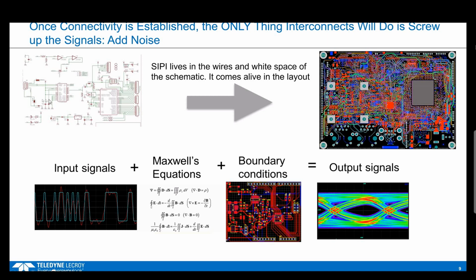The signals that are generated by the devices, those are the voltages and currents in a simplified view, or magnetic fields and electric fields, or electromagnetic fields, when they're created by the devices, they interact with the conductivity and dielectric properties of the conductors and the dielectrics. They represent electrical properties of the interconnects. They are boundary conditions in which the fields interact, and those fields, electromagnetic fields, are all governed by Maxwell's equations.